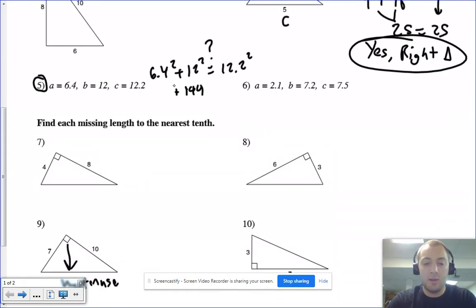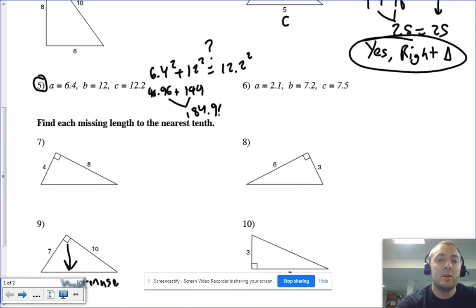6.4 squared would be the same as 6.4 times 6.4. I get 40.96. And when you add those two together, plus 144, I get 184.96. Now, if 12.2 squared equals that, then it's a right triangle.